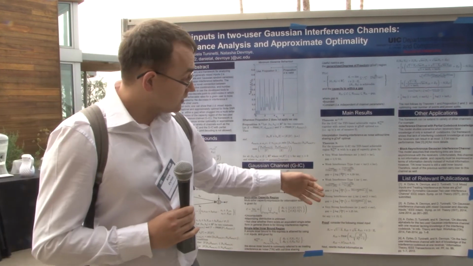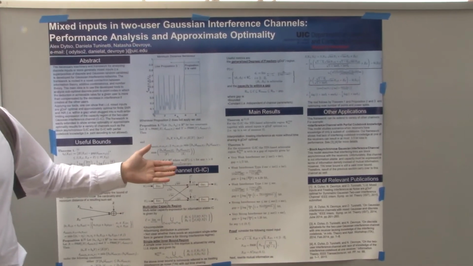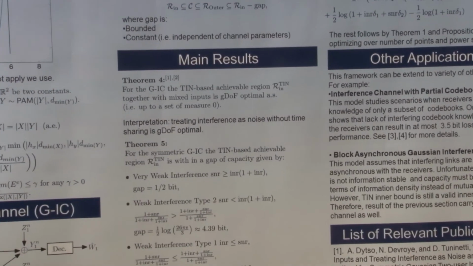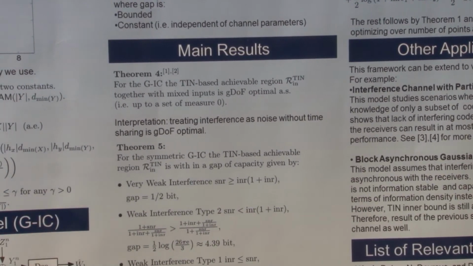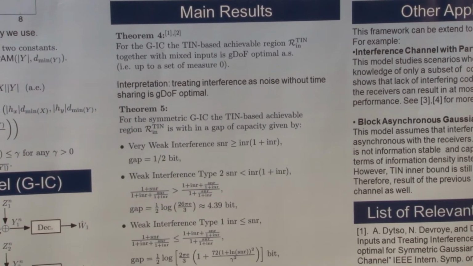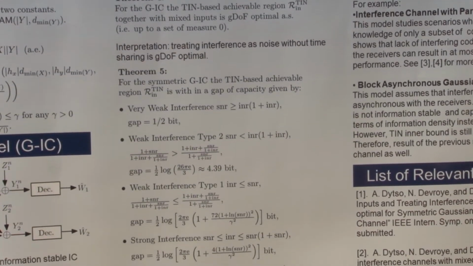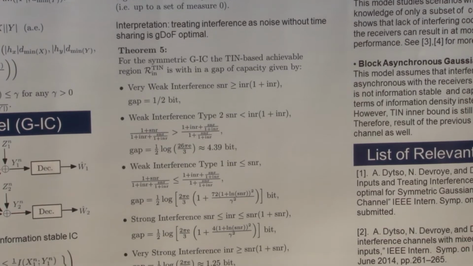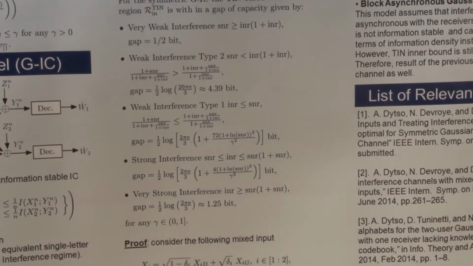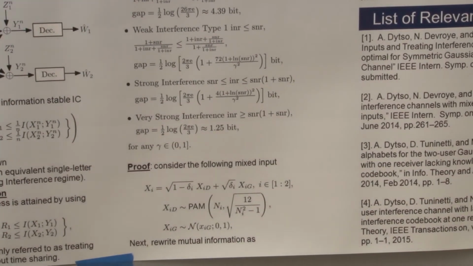The second result is more robust: treating interference as noise without time sharing is within a gap, and these are the gaps for each regime, which are different. The proof consisted of using these so-called mixed inputs and applying the Ozarow-Wyner bound that we generalized to the mutual information in this bound.